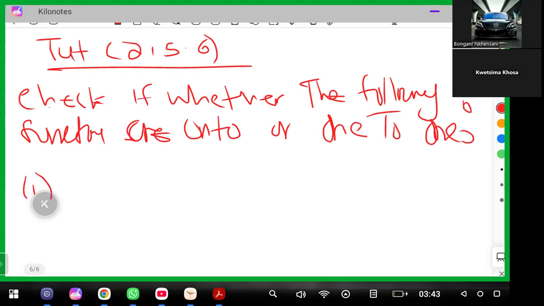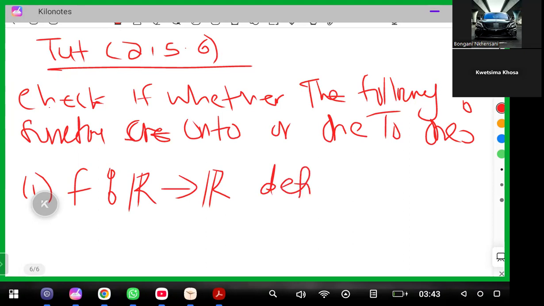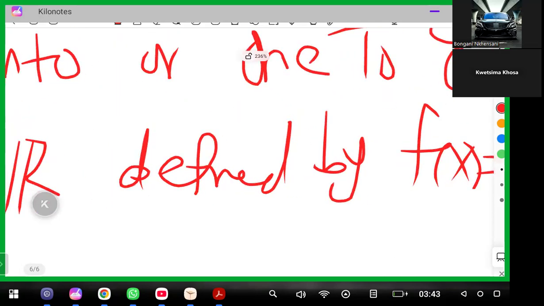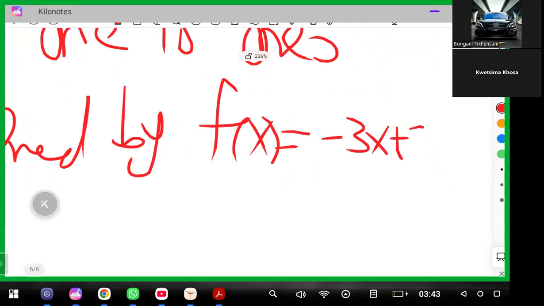So the first one, we're given f such that real numbers map to real numbers defined by f of x being equal to negative 3x plus 2.